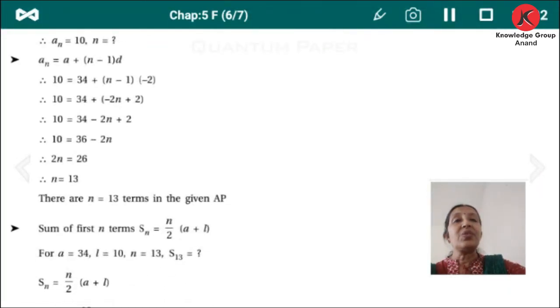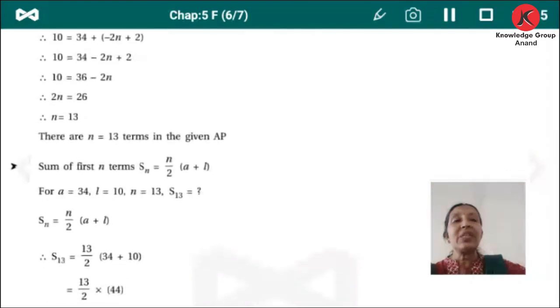10 is equal to 34 plus 2, 36, minus 2n. 2n is equal to 26, so n is equal to 13. Now find Sn.